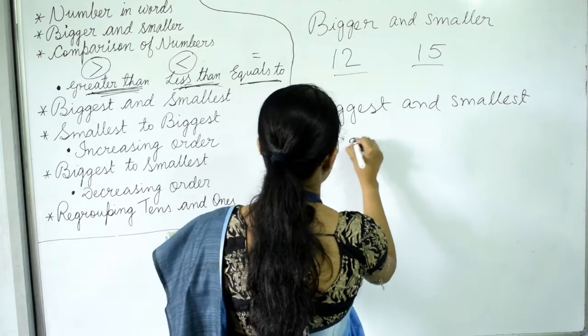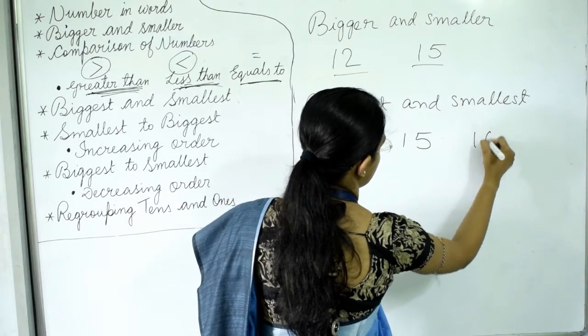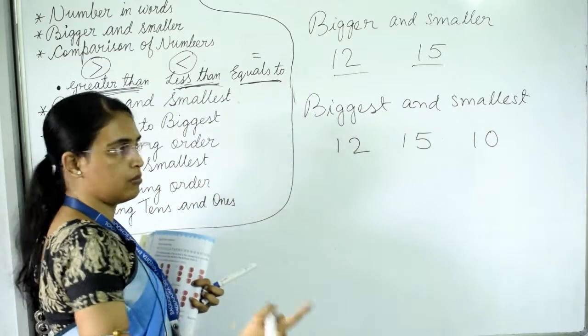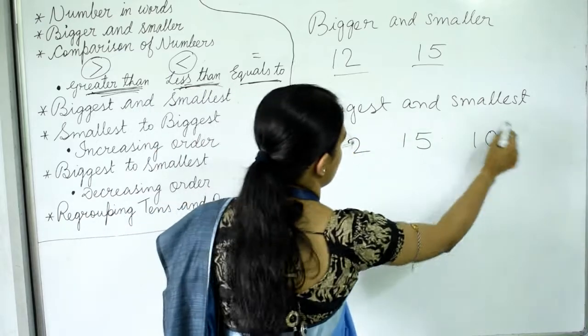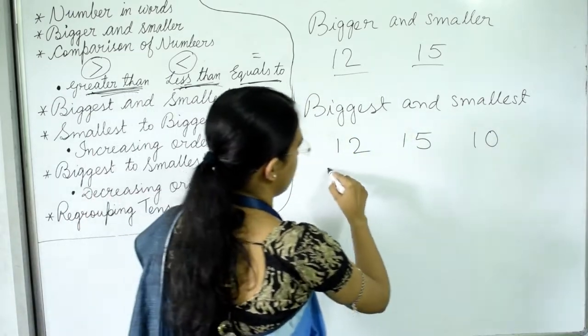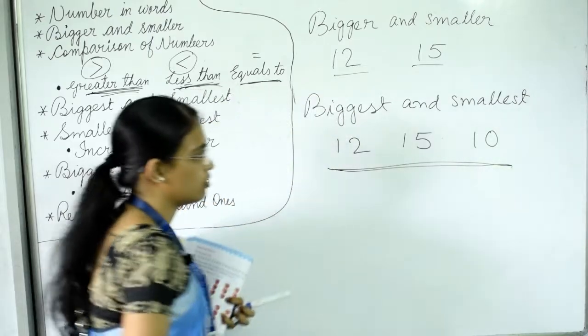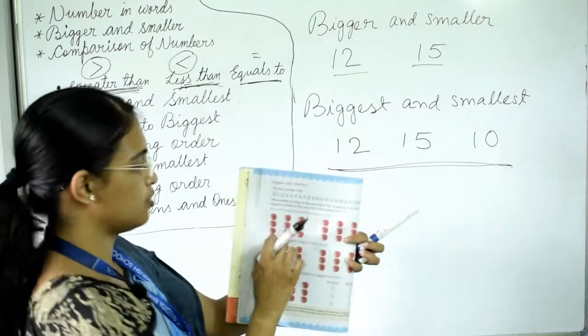Suppose like this, 12, 15, 10. More than 2 numbers, 1, 2, 3. There are 3 numbers. So we have to find out the biggest number or the smallest number among these 3 numbers. Okay. So in this way we will do this one.